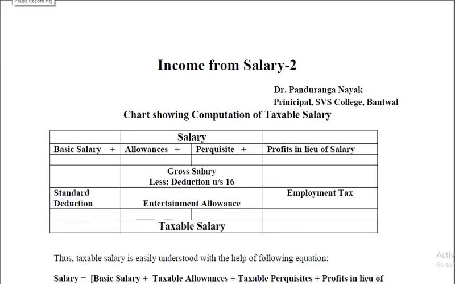Already you have learnt what is chargeable under the head salary, and chargeability of income under the head salary, and then some of the features of salary, like there must be an employer-employee relationship.